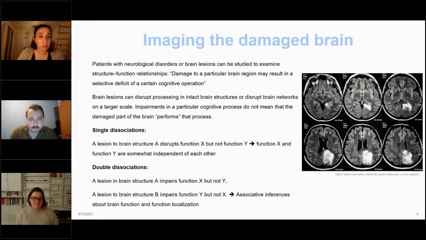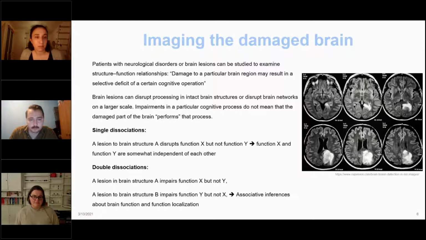And there is what we call single and double dissociations. A single dissociation is when a lesion to brain structure A disrupts function X but not function Y. So we can infer that X and Y are somewhat independent of each other. And there are double dissociations, which are better than single dissociations, because single dissociations can sometimes be misleading.